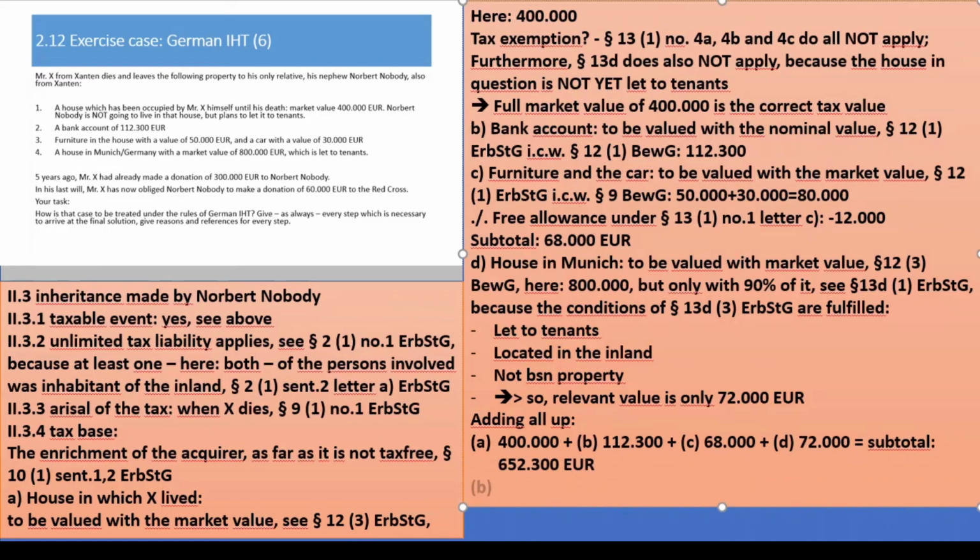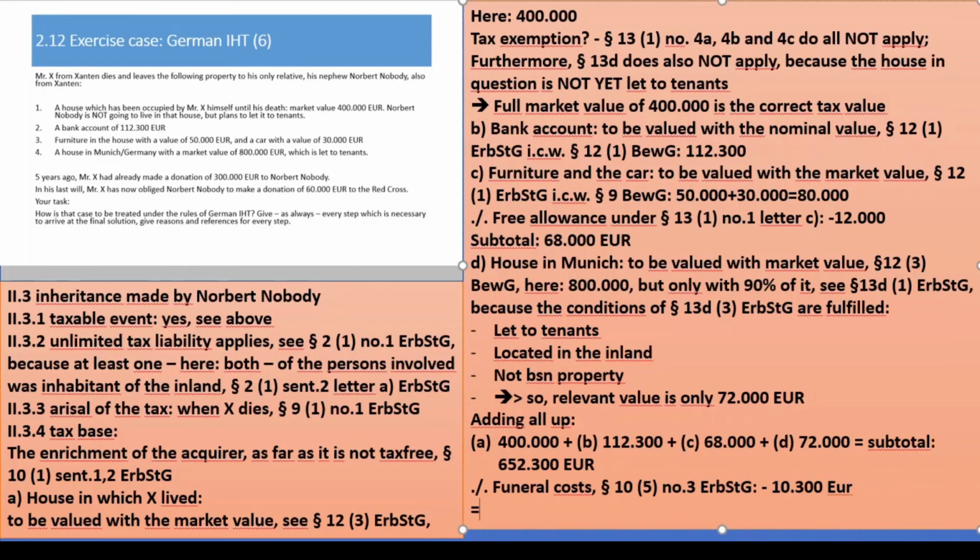Now this is only a subtotal, because what we still have forgotten is the deduction of liabilities. For example, the lump sum for funeral costs, number 3 of the Inheritance Tax Act. This is 10,300 euro. So we have a new subtotal of 642,000.